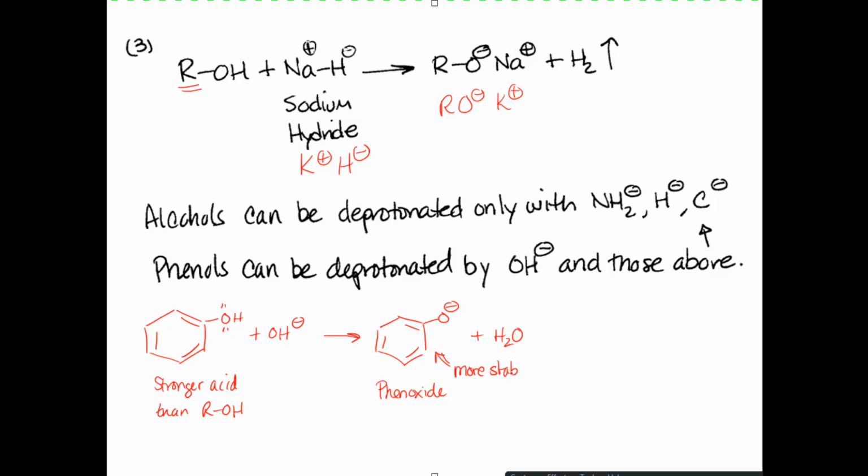And when we make the product more stable, that pushes the equilibrium to the right. More acid dissociates, or in this case, the acid reacts more, and so we end up being able to form the phenoxide in 100% just using hydroxide. Now you can use all the other reagents as well, but phenols being stronger acids will easily be deprotonated by hydroxide.